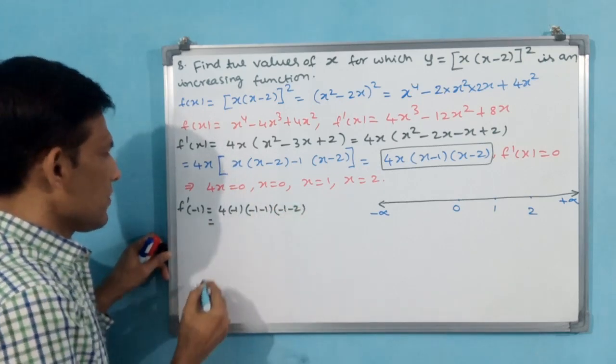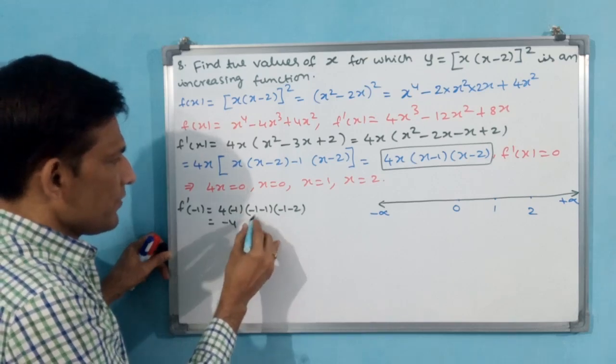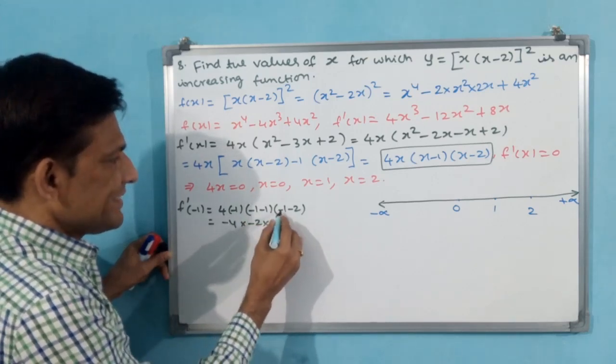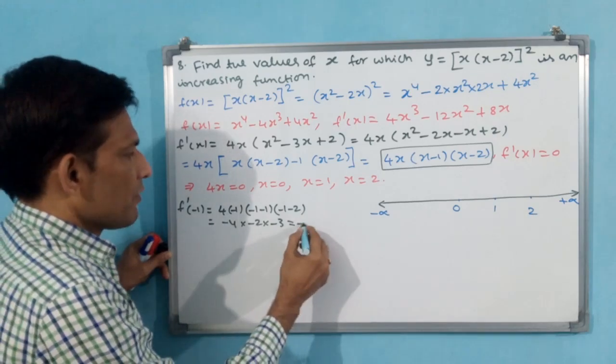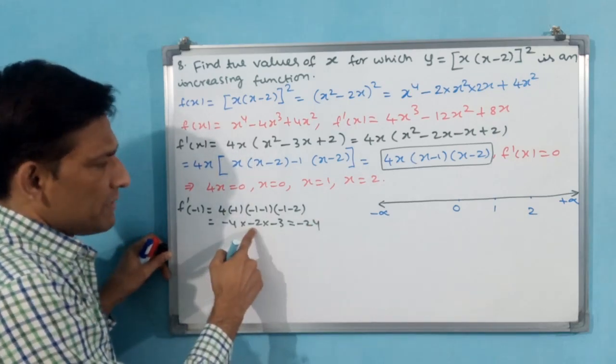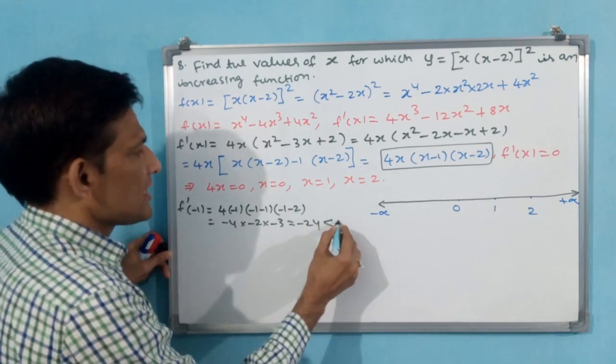That is equal to minus 4 into minus 2 into minus 3, which is minus 24. Why? Because minus minus is plus, again minus is there. Minus 24 is less than 0.